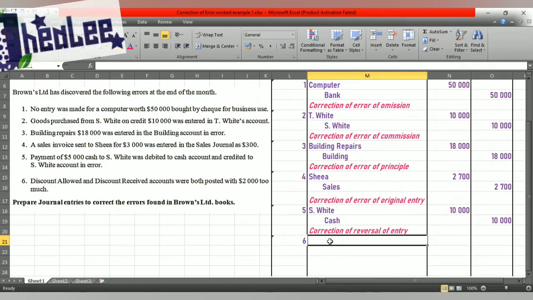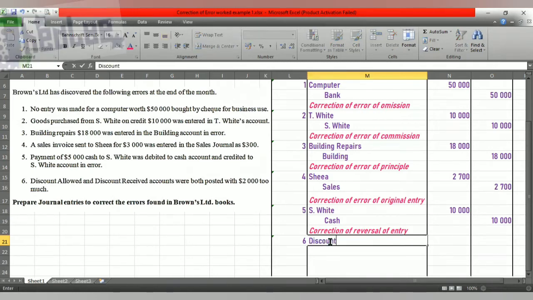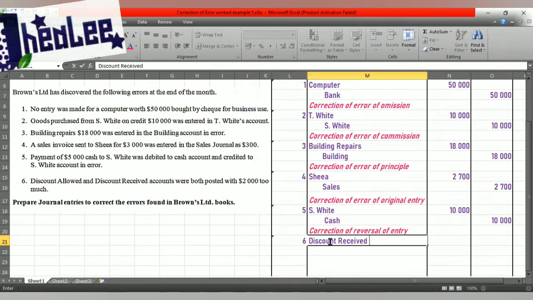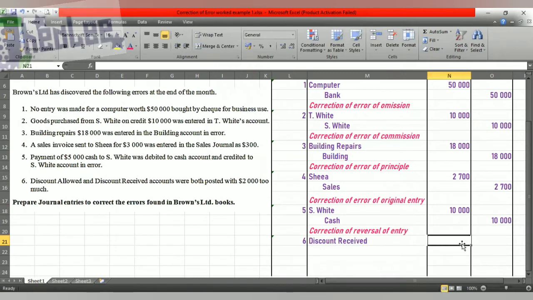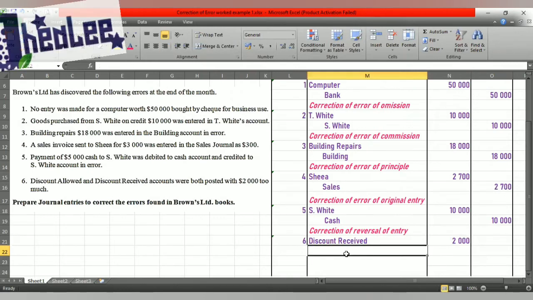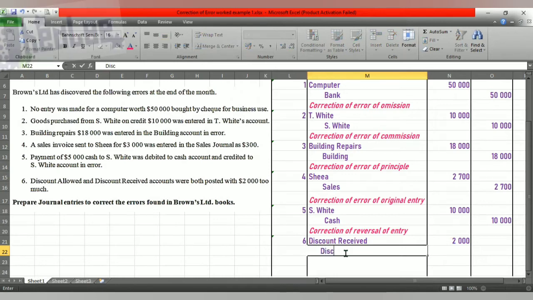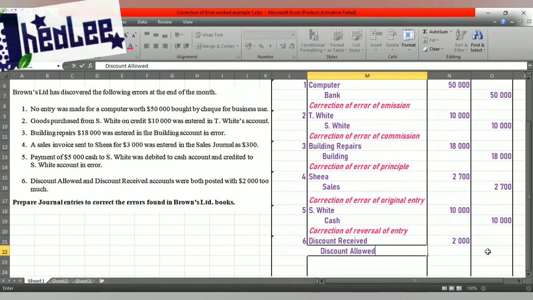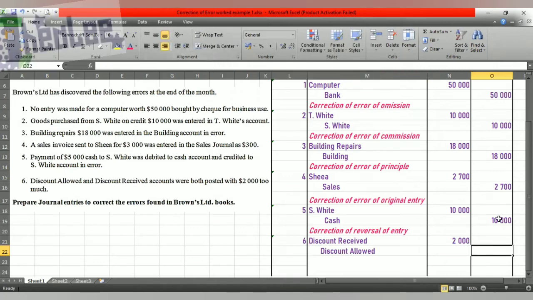So what we're going to do is to debit our discount received account with the extra 2,000 because we want to get rid of that extra that is on the credit side. So we're debiting. And we're going to credit our discount allowed account because we're getting rid of that extra value, that overcast value that is placed on the debit side with 2,000.